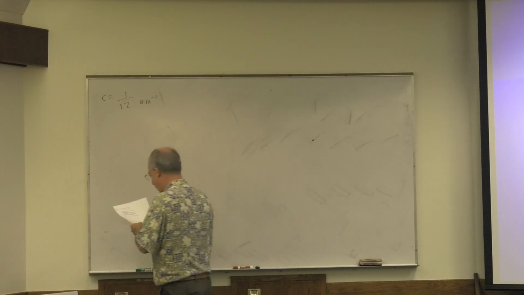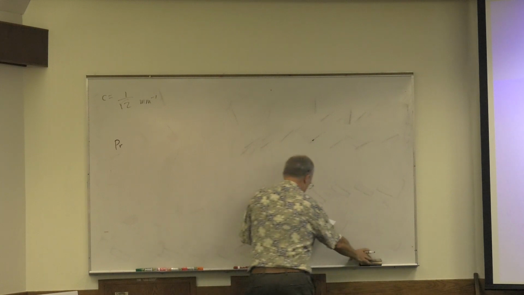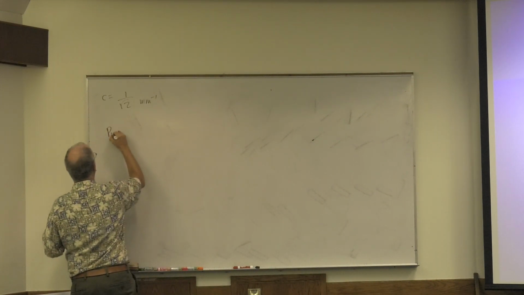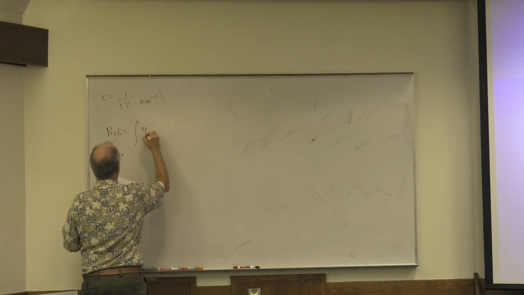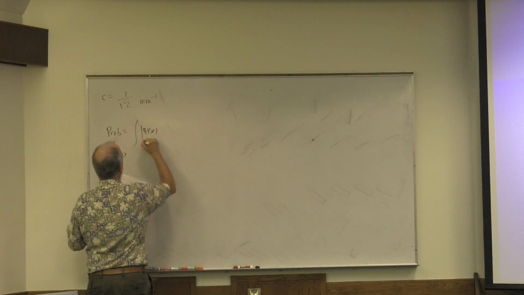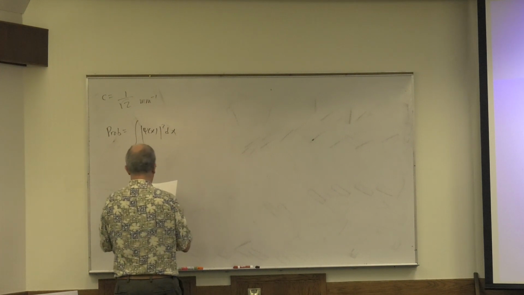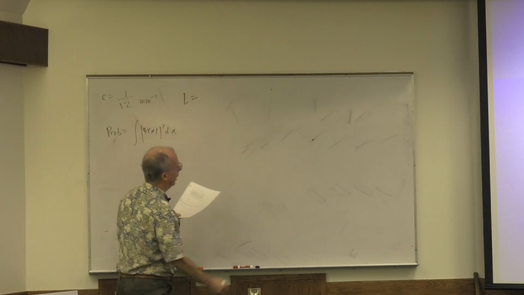Okay, so here we go. The probability is equal to the integral of psi of x squared dx. And again, we know C, and we know L. What's L? 2 millimeters.